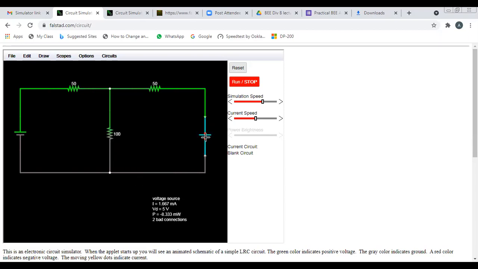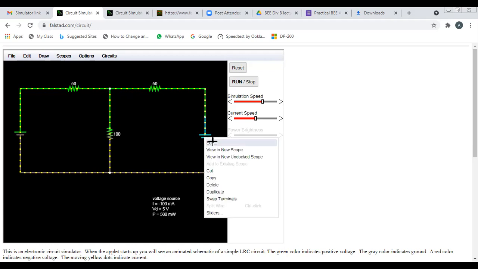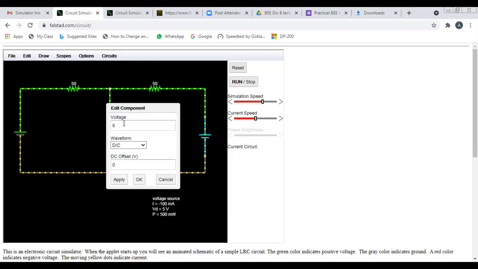Done. What's happening here? Stop. Too bad connection. Wait a moment. I'll say undo. What's happening here? Done. So this is edit. It should be 10, right?